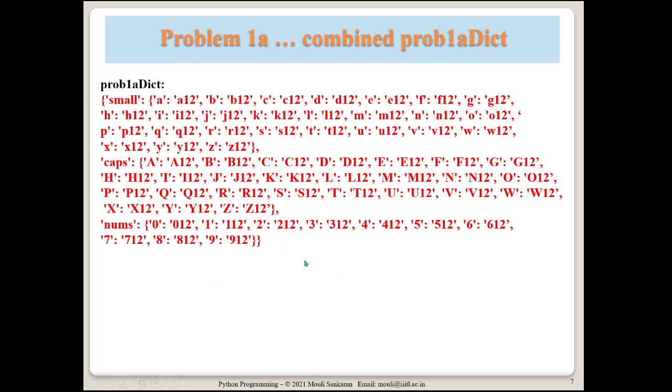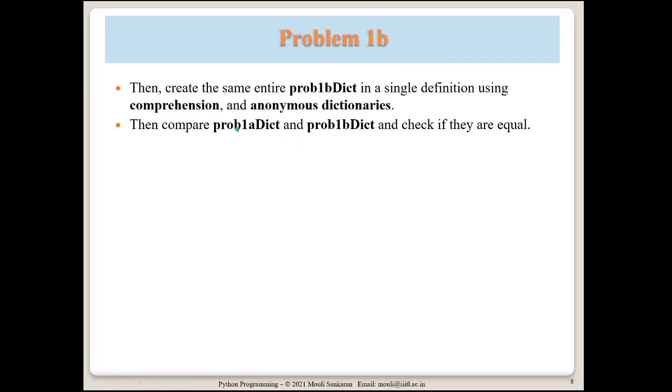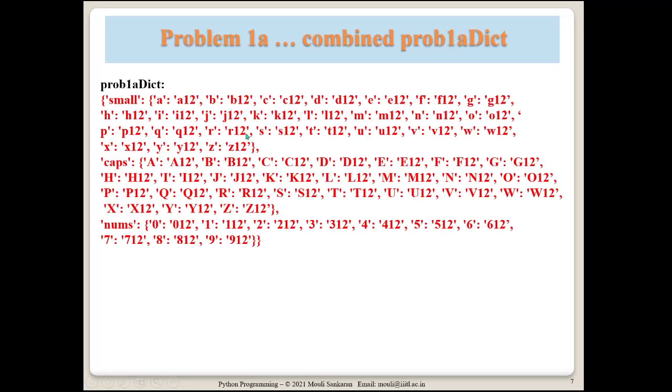But the second problem, I want you to do it using anonymous dictionaries and comprehension with a single definition. Using comprehension, you have to build the complete dictionary in a single line. You will say prob 1b dictionary equal to something. Using comprehension, the whole thing will get built.